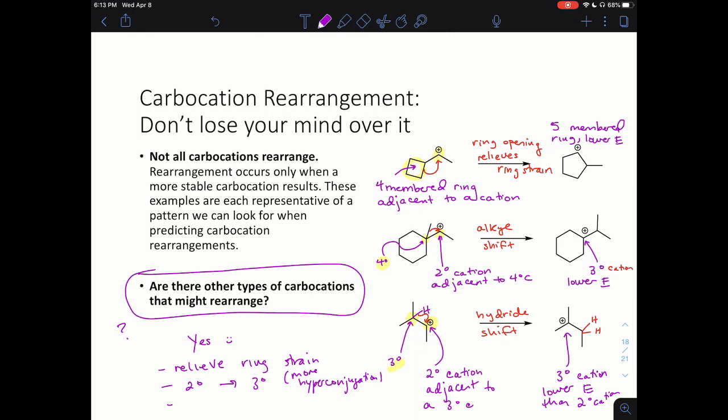And then did we talk about any other factors that affected carbocation stability? Yeah, so they can rearrange to form a conjugated cation, or one for which you can draw resonance structures.